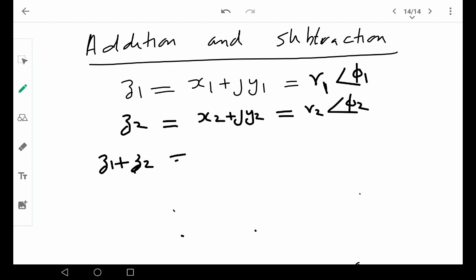You can write it as x1 plus x2 plus j times y1 plus y2. That is addition.